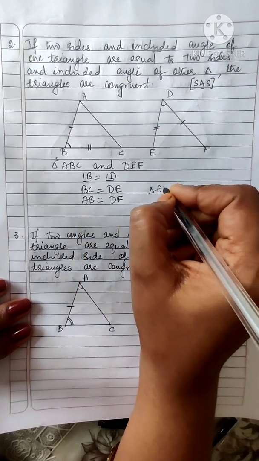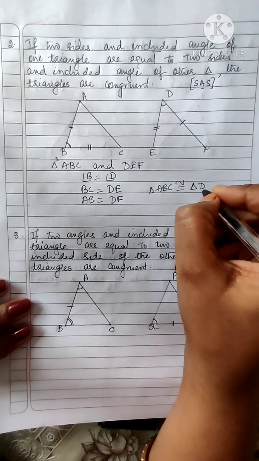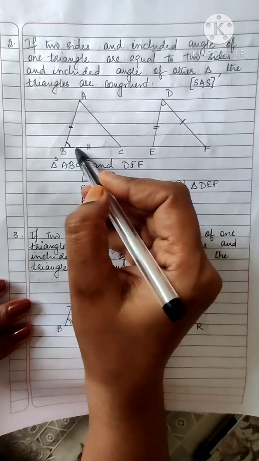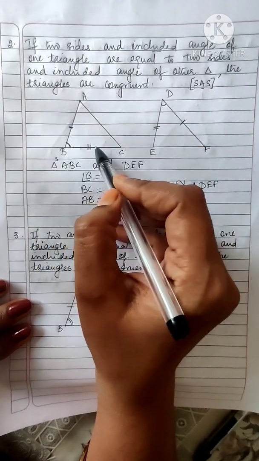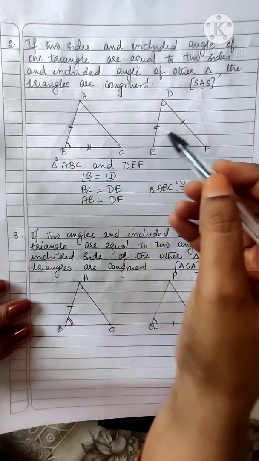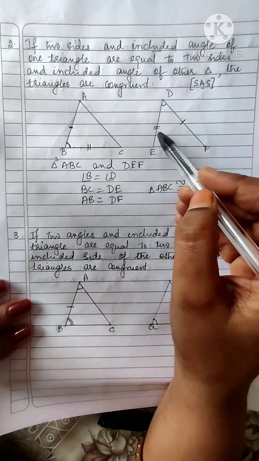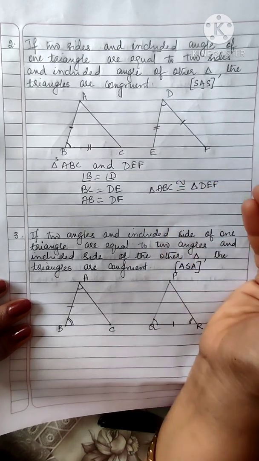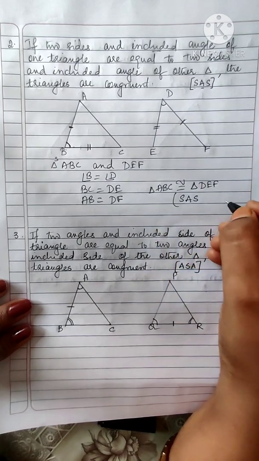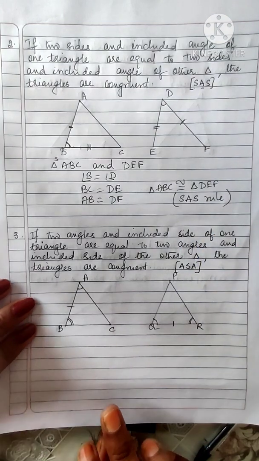Therefore, triangle ABC is congruent to triangle DEF. Now if you observe, the angles which are equal lie between the equal sides. This angle is lying between the two equal sides. Similarly here also the equal angle lies between the two equal sides. So these two triangles are congruent by SAS rule, side angle side.